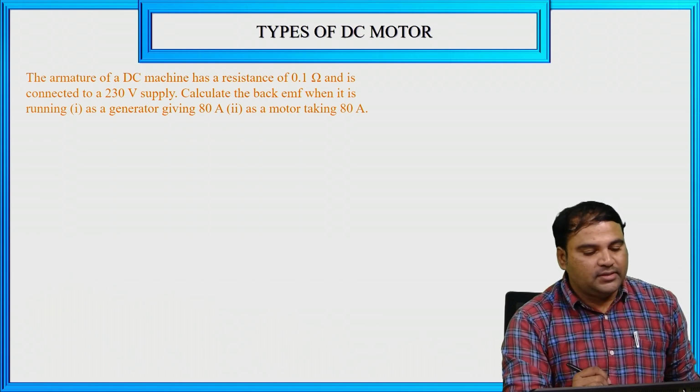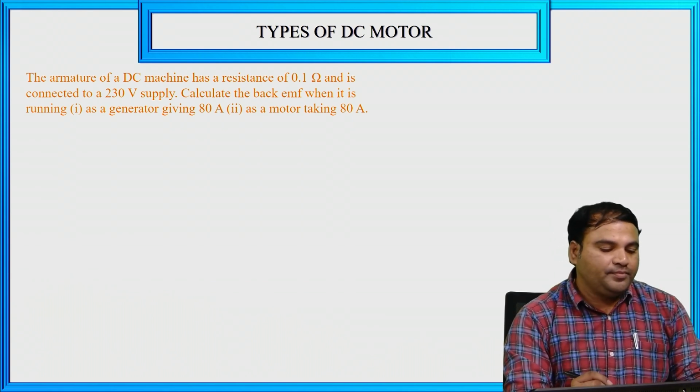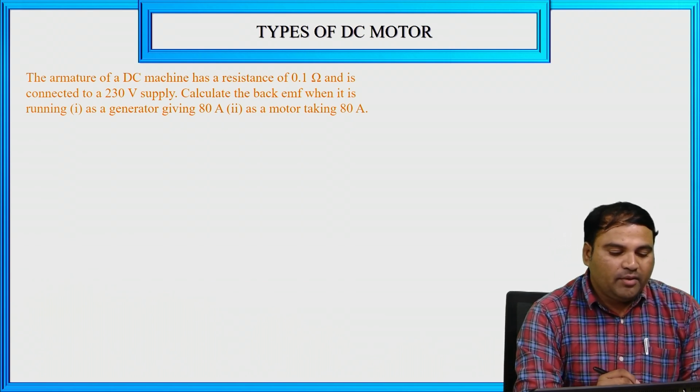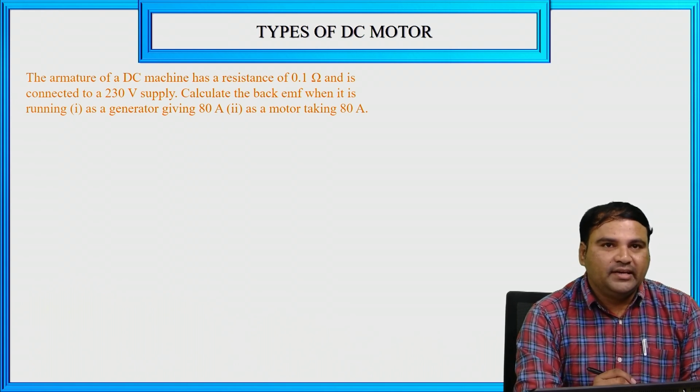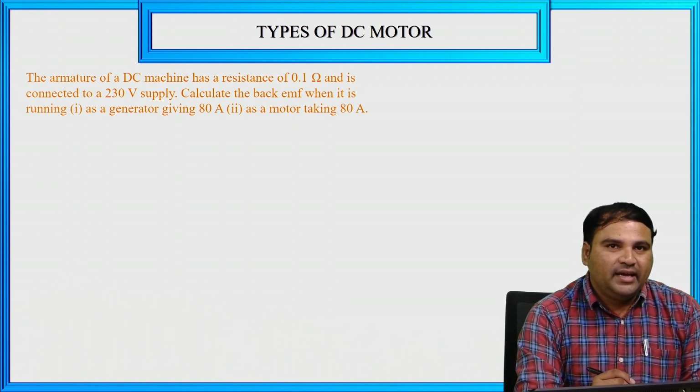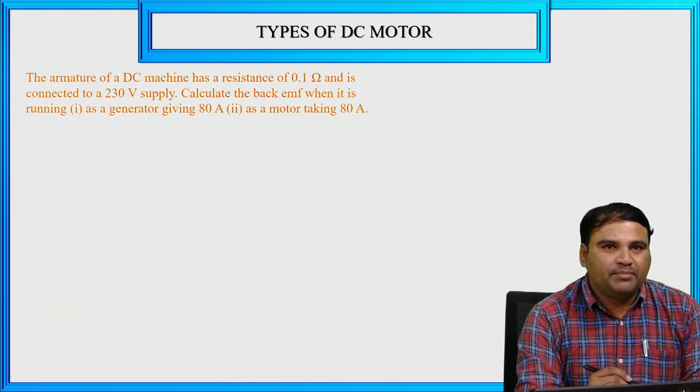So in this second problem, the armature of a DC machine has a resistance of 0.1 ohm and is connected to a 230 volt supply. So calculate the back EMF when it is running as a generator.